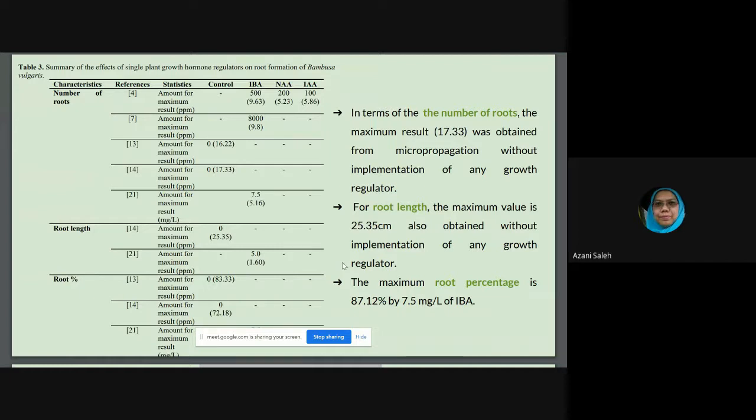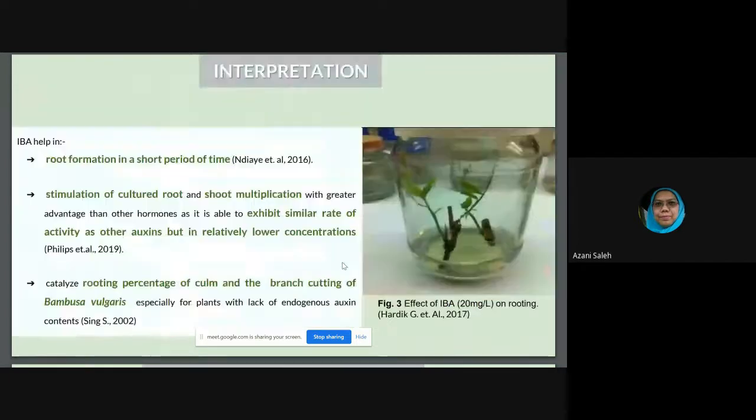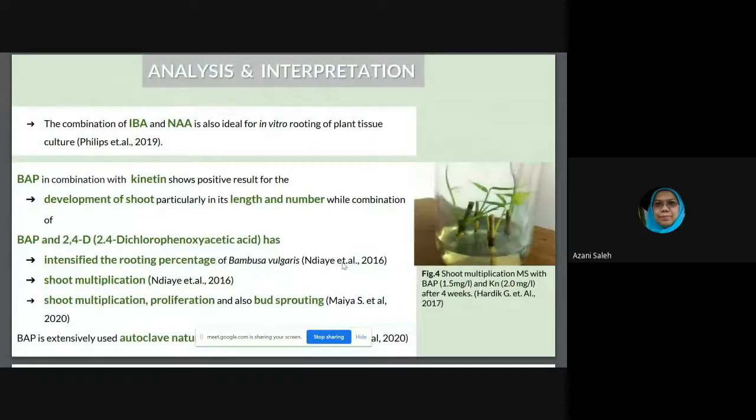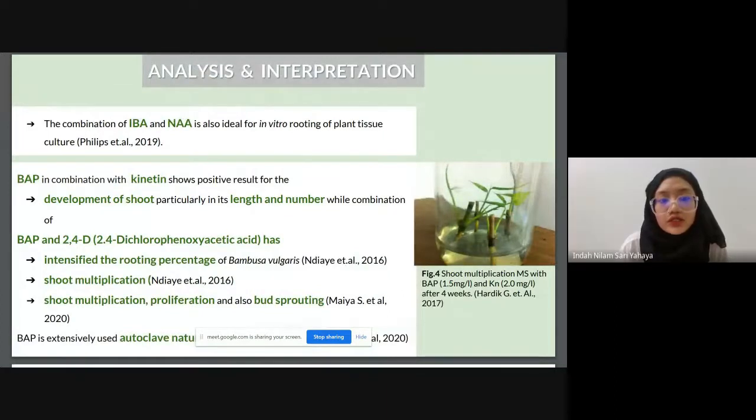How about shoot induction? Any hormones? You did investigation based on your review article? So for shoot multiplication, it is more in the combination of BAP with kinetin and also 2,4-D.